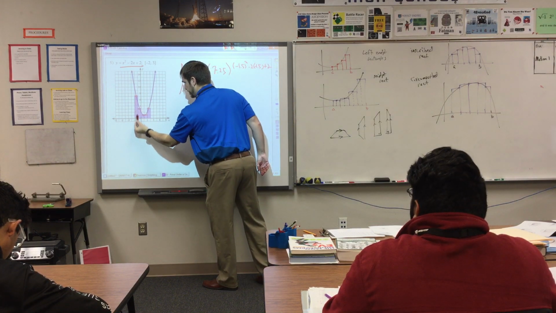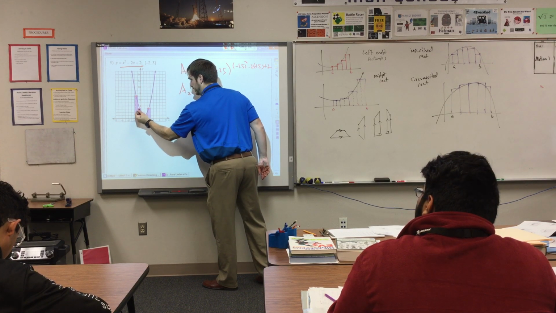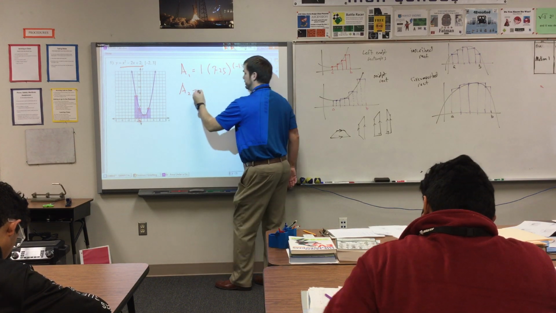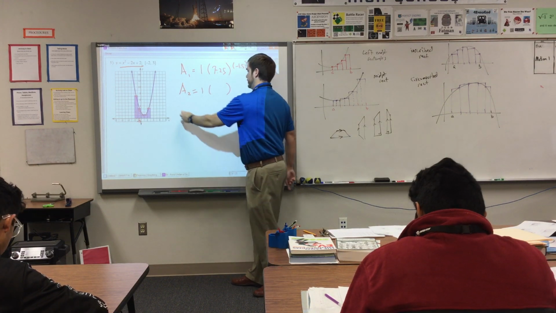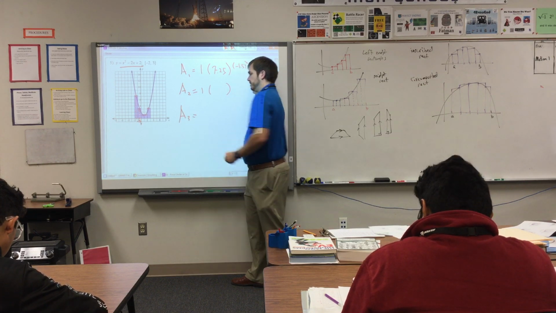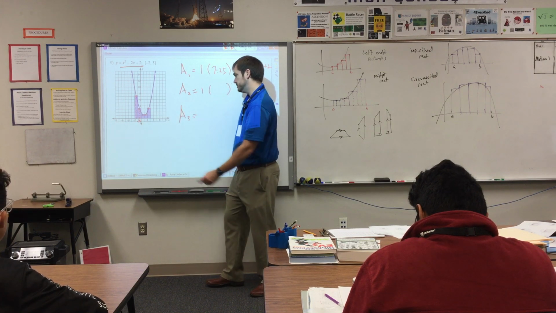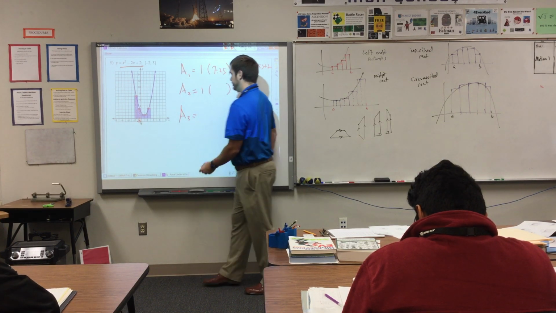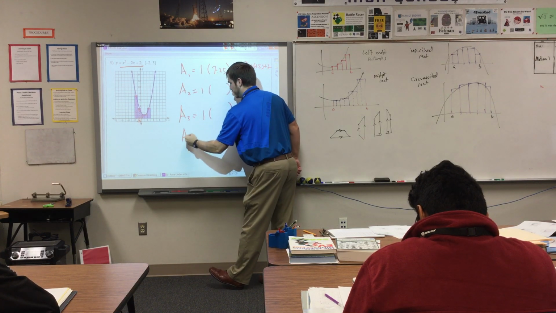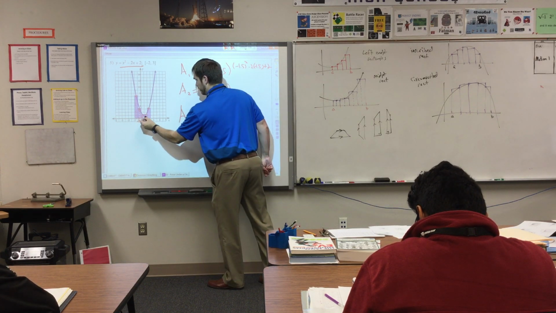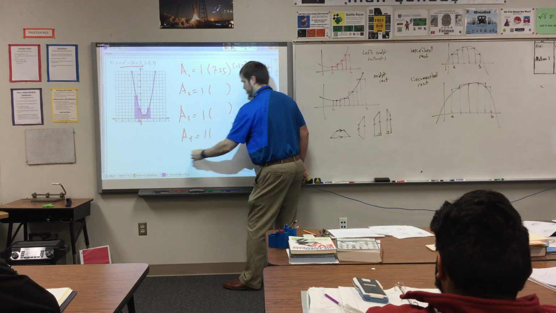The area of this next rectangle, I'm going to plug in -0.5. Somebody tell me real quick, what value are we going to plug into that third rectangle? Positive 0.5. Yep, I agree. Then plug in 1.5 and plug in 2.5.